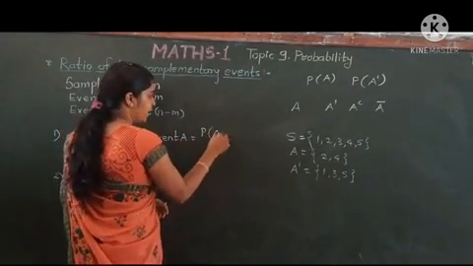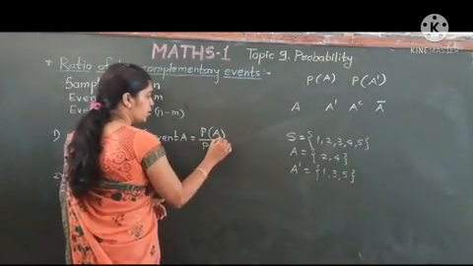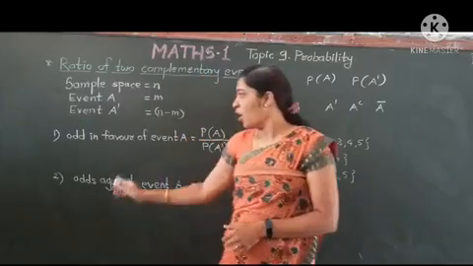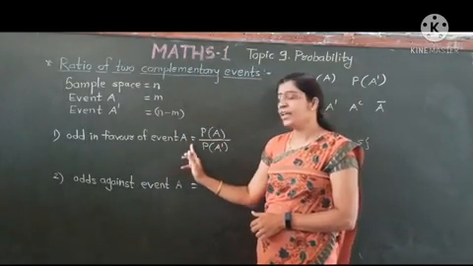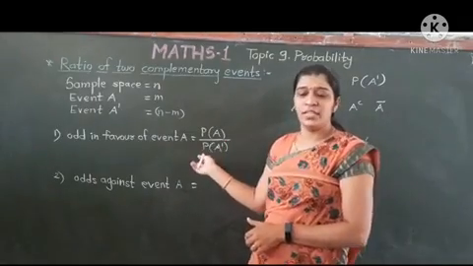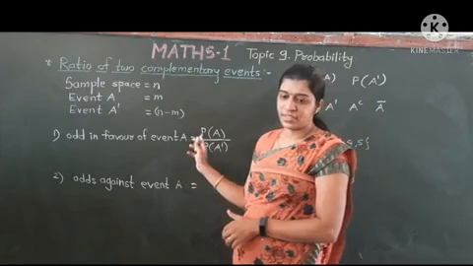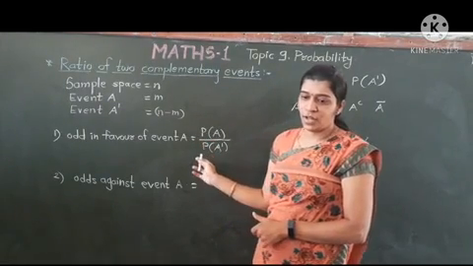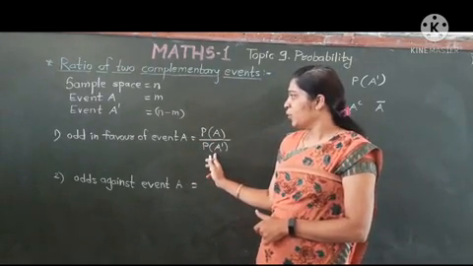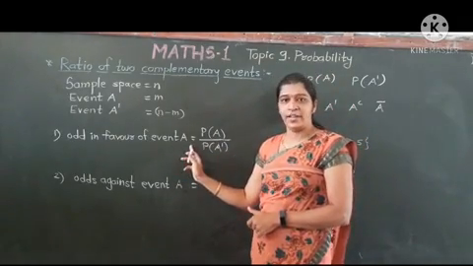P of A upon P of A dash. We call this odds in favor of event A. This is the ratio of number of favorable events to number of unfavorable events.